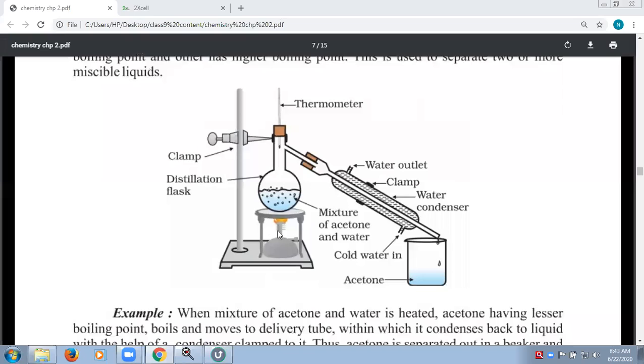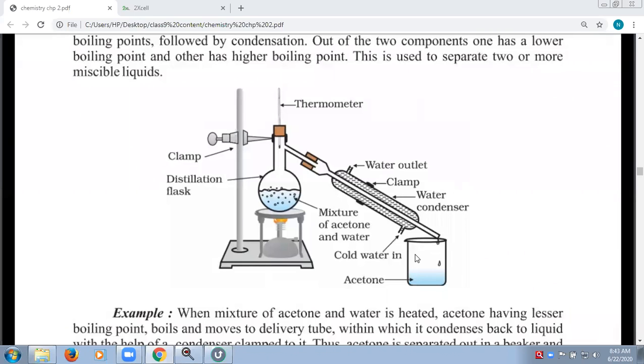I think the diagram is very clear to all of you. Here there is a distillation flask, a boiler. Attached with it is a condenser, and here there is a receiver. Now just see what happens here. In the condenser, there is a continuous supply of cold water.